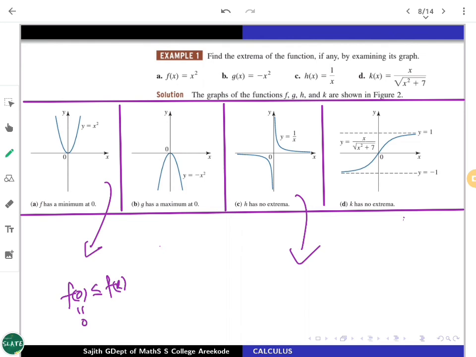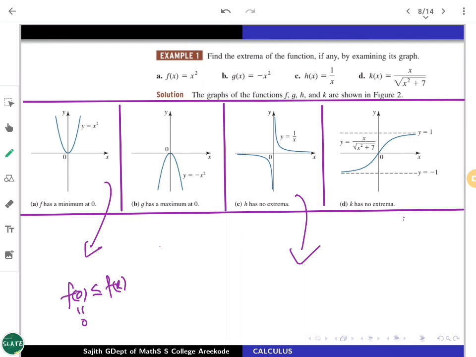The function won't take values beyond y equals 1. Similarly, it won't go lower than y equals minus 1. But even though it is a bounded function, it is not going to have any extrema, because whenever you go to larger and larger x values on the right hand side, the function gets closer and closer to the value 1, but it never takes the value.